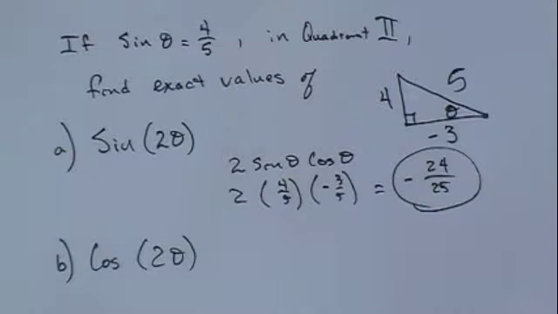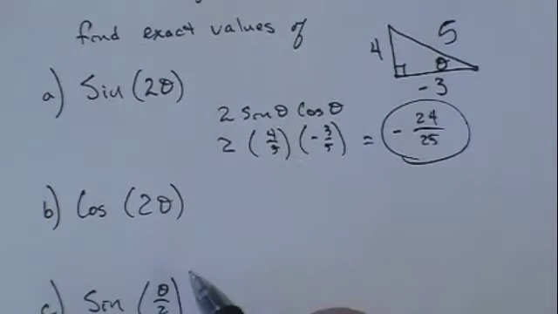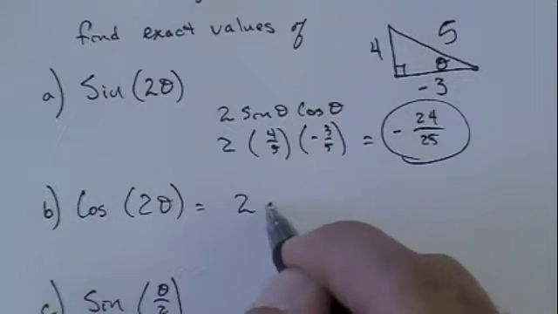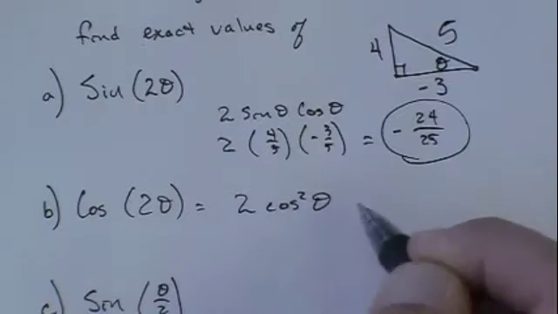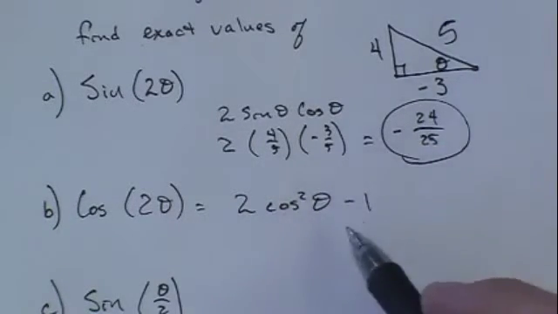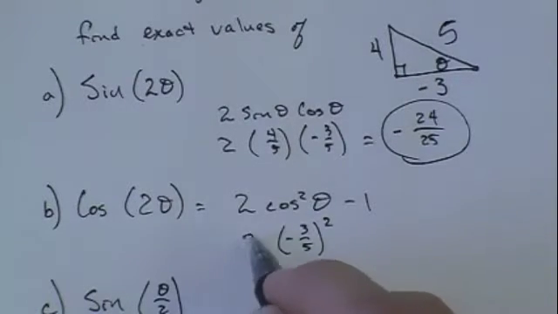If we're looking at the cosine of 2 times theta, let's use our formula 2 times the cosine squared of theta minus 1. Again, we just determined that the cosine is negative 3/5, so now we're going to square that. Now we're taking it times 2 and minus 1.